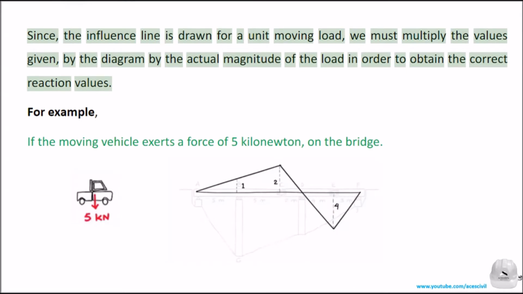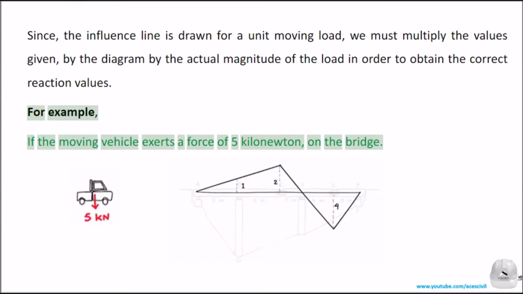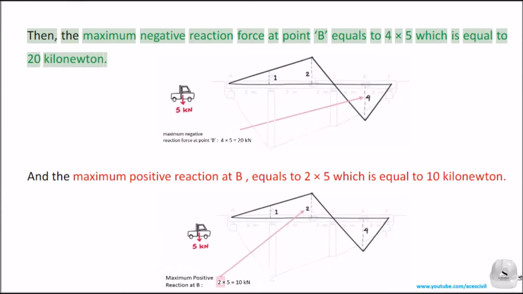Since the influence line is drawn for a unit moving load, we must multiply the values given by the diagram by the actual magnitude of the load in order to obtain the correct reaction values. For example, if the moving vehicle exerts a force of 5 kN on the bridge, then the maximum negative reaction force at point B equals 4 times 5, which is equal to 20 kN.